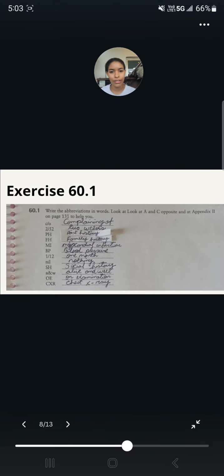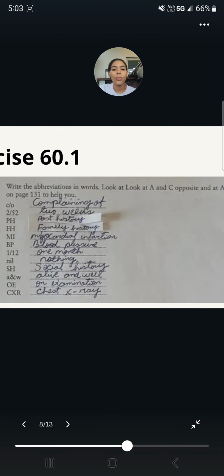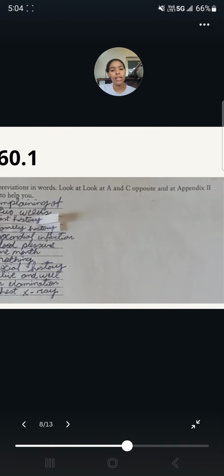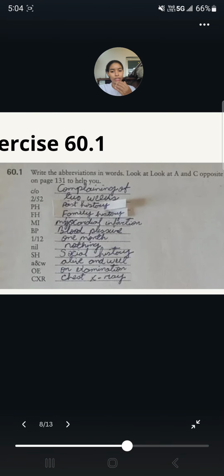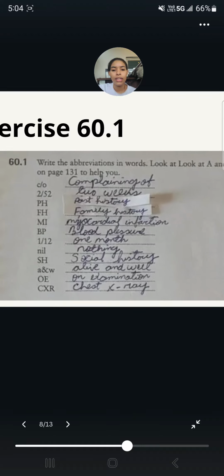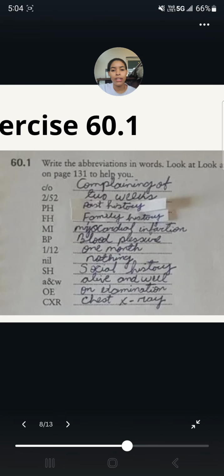Let's begin now with the exercises of Unit 60. It says, write the abbreviations in words. Look at A and see opposite at Appendix number 2 on page 131 to help you.